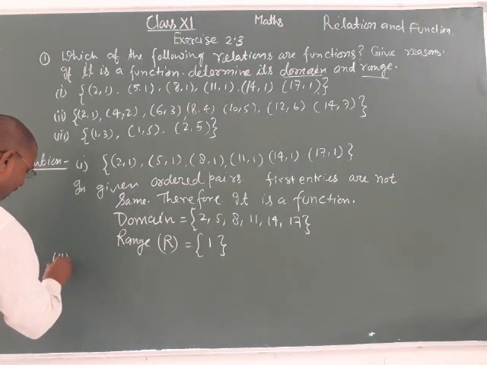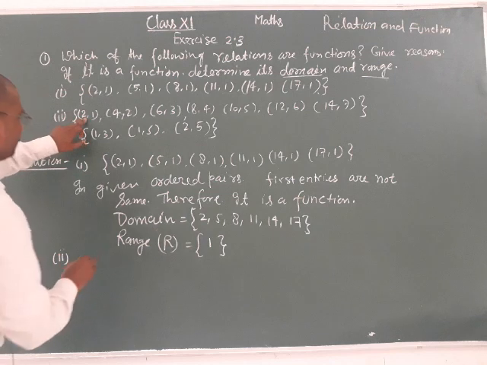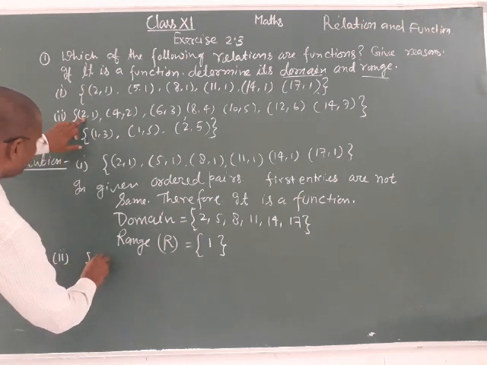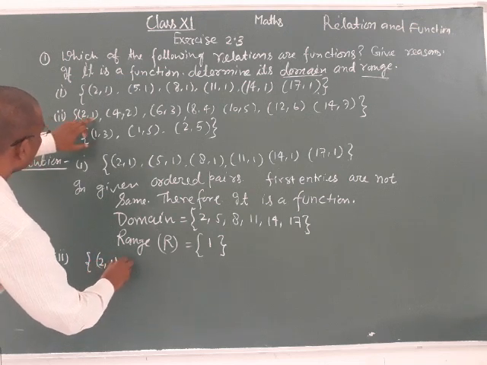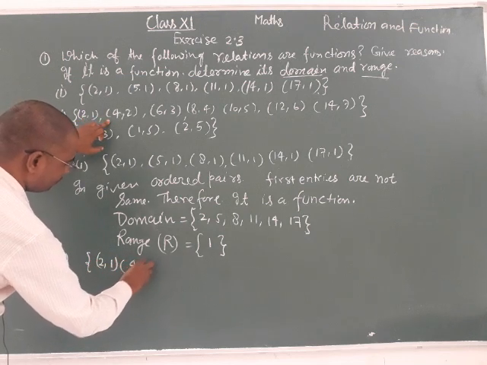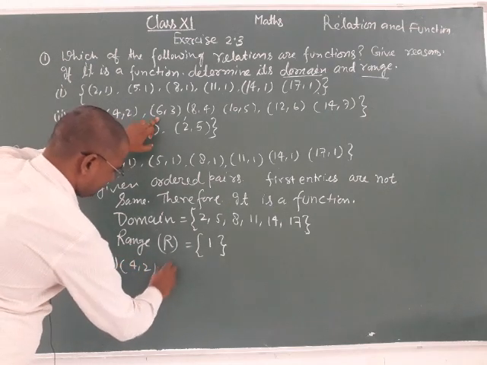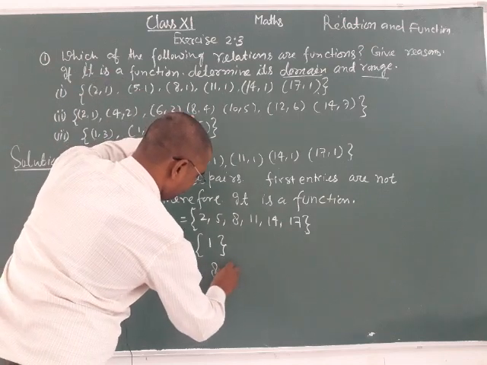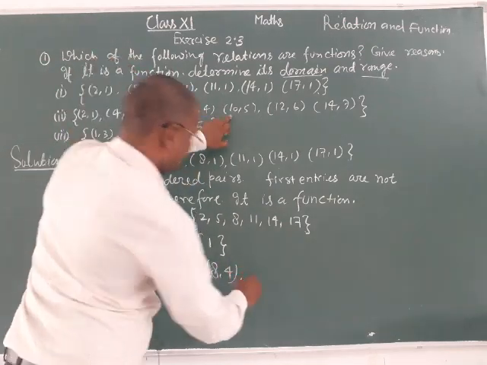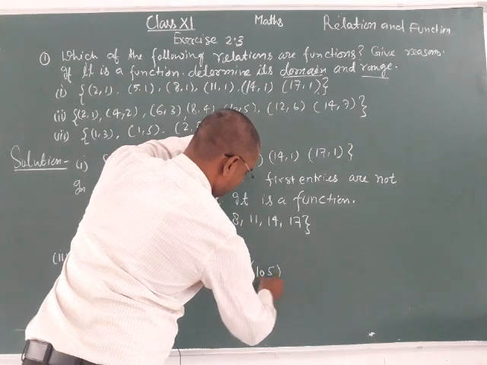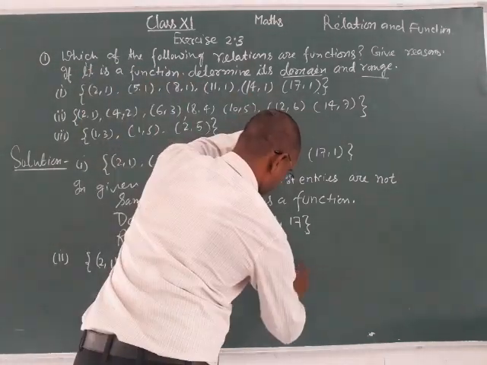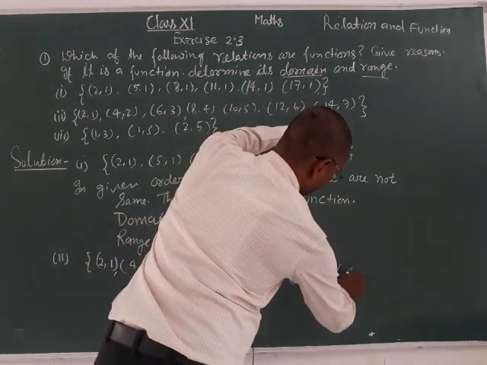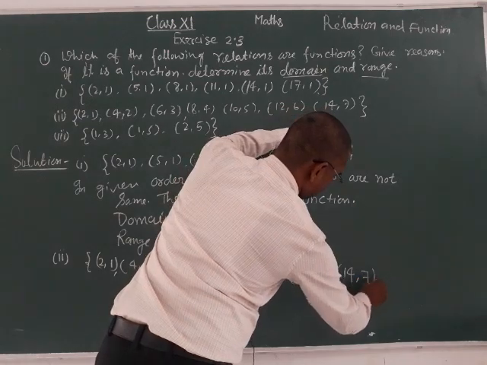Question number 1, part 2. Function ordered pairs (2, 1), (4, 2), (6, 3), (8, 4), (10, 5), (16, 6), (14, 7).